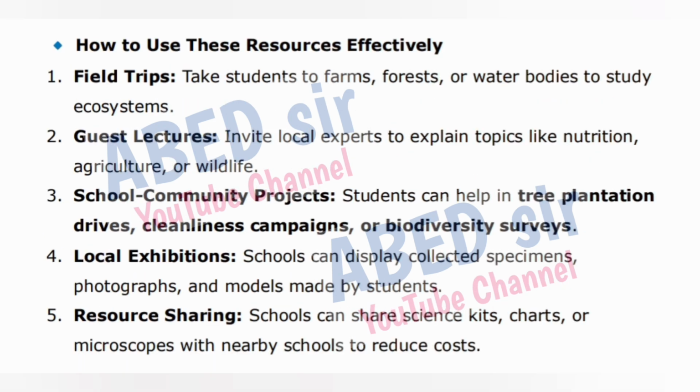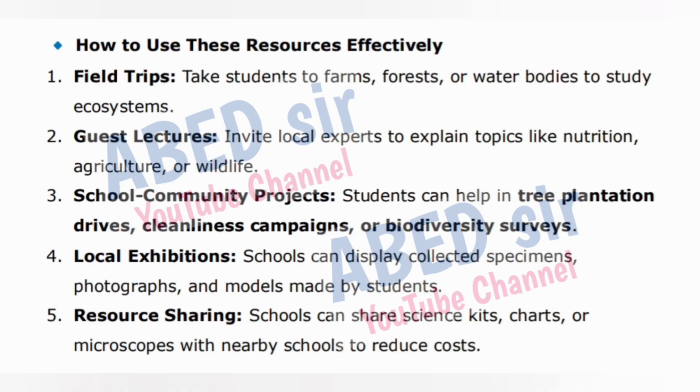How to use these resources effectively? 1. Field trips take students to farms, forests, or water bodies to study ecosystems. 2. Guest lectures: invite local experts to explain topics like nutrition, agriculture, or wildlife. 3.